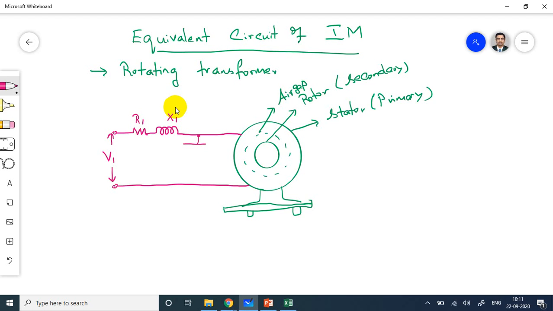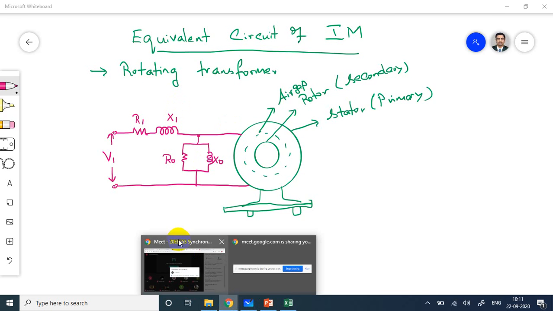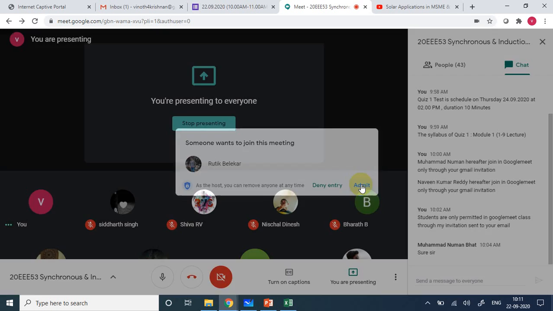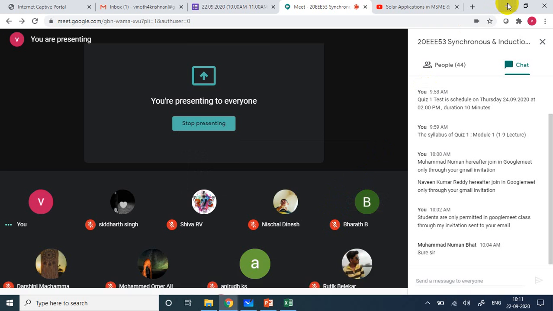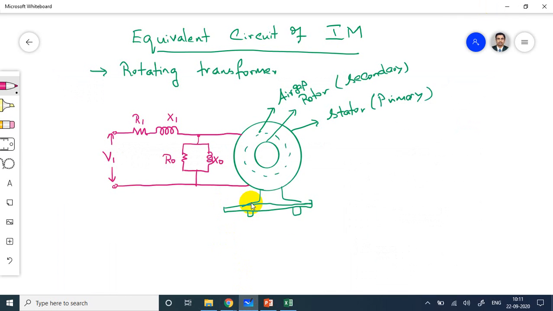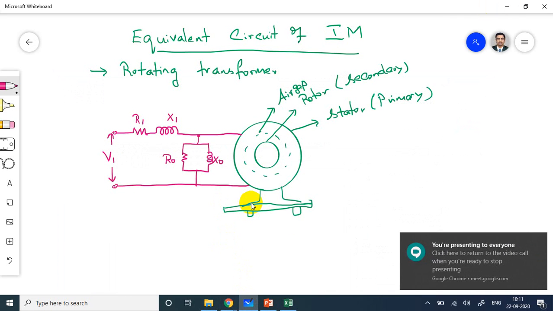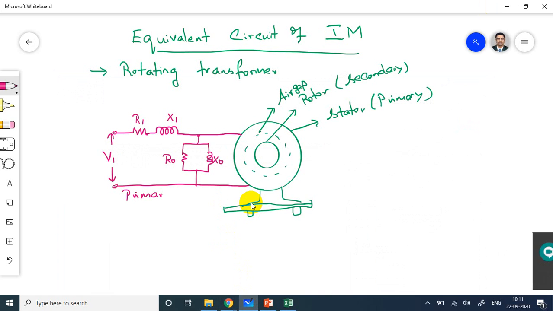So in the primary side there will be a resistor and inductor, and two components flowing, that is R0 and X0. R naught, X naught. This side will be the primary.